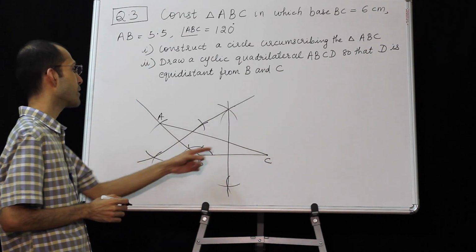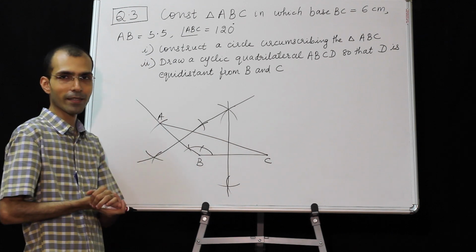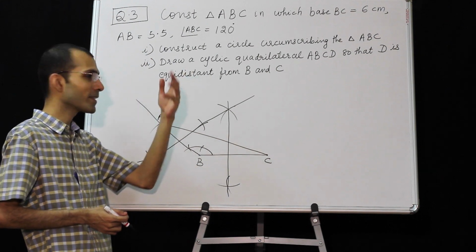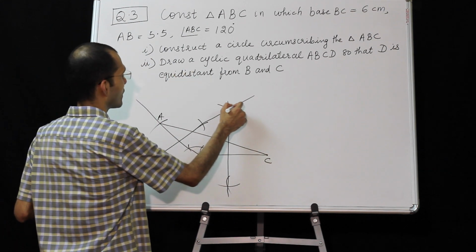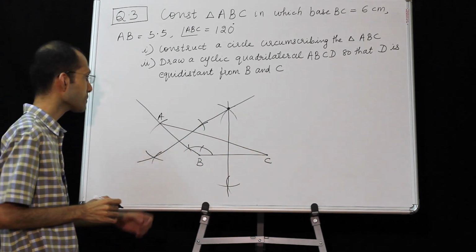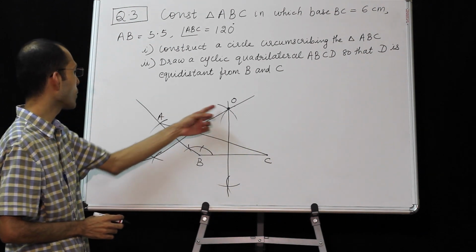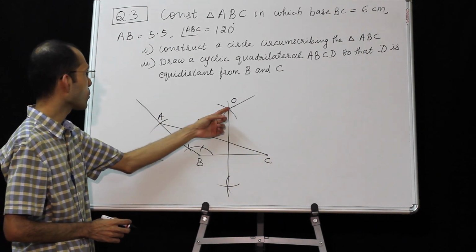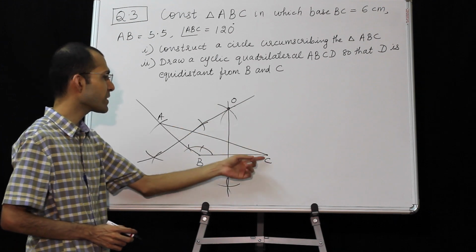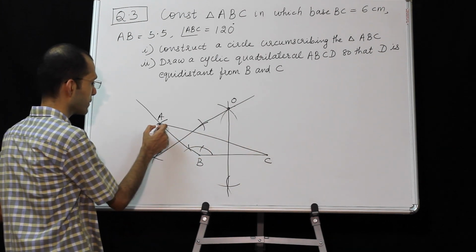It's an obtuse angled triangle. So you will have to stretch your perpendicular bisectors. They will meet outside the triangle. So where are they meeting? Okay, here. Now let this be say O. Now with OA as the radius or OB as the radius or OC as the radius, trace out a circle.